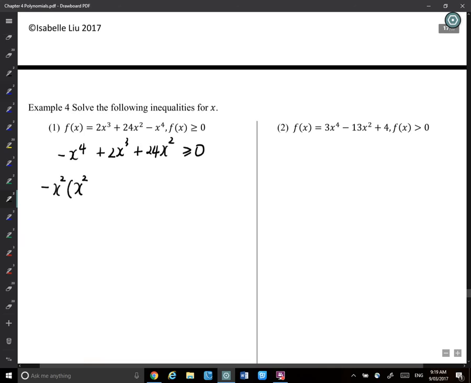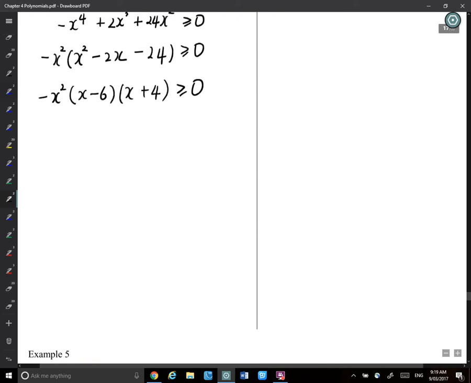So minus x squared, left with x squared minus 2x minus 24, greater or equal to 0. 4 and 6 can make a 2. So it's x minus 6, x plus 4, greater or equal to 0. Okay, I'll ask you to factorize at home.